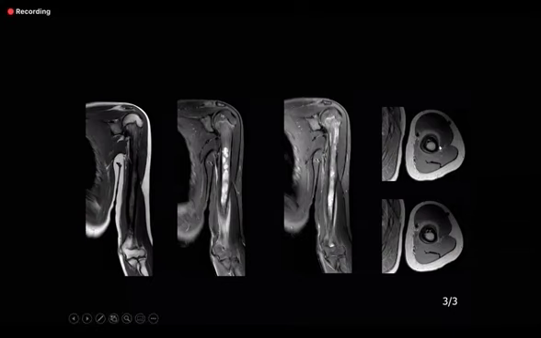What's happening on these sequences? On the axial images, I can see there is onion skin periosteal reaction in keeping with new bone formation and also a surrounding signal abnormality in the musculature. Final conclusion? The findings are most in keeping with Ewing sarcoma.